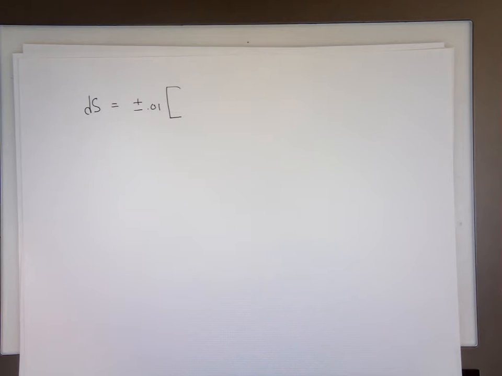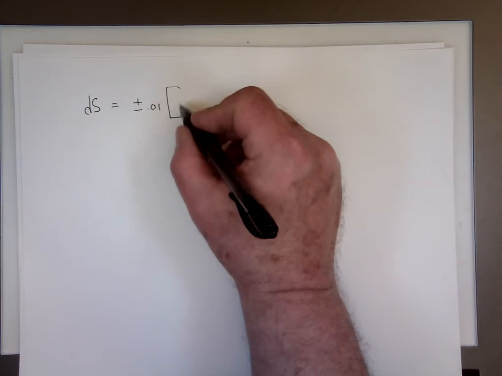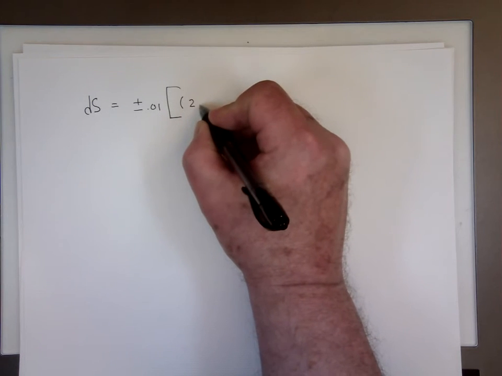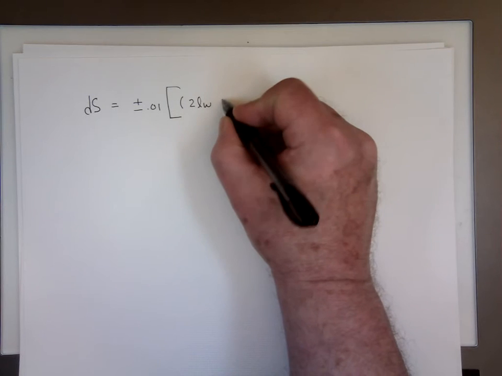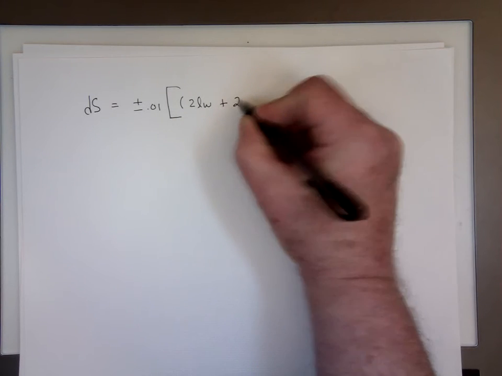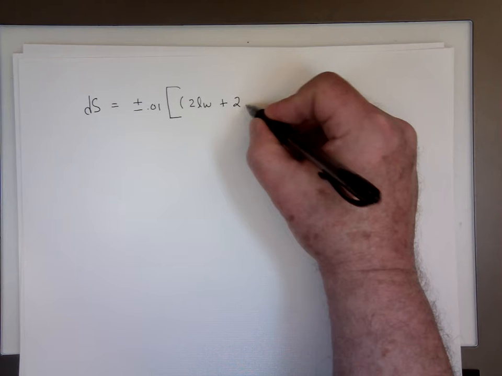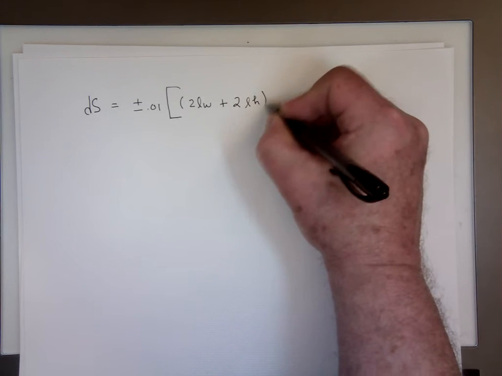So I'm going to multiply through by L and get, in the first one, 2LW plus 2LH.